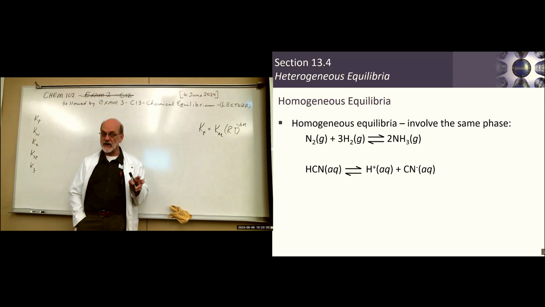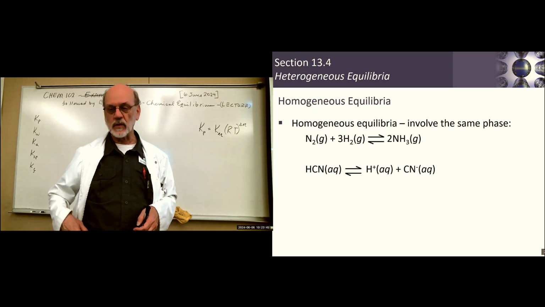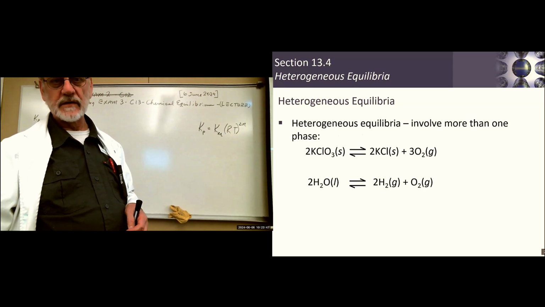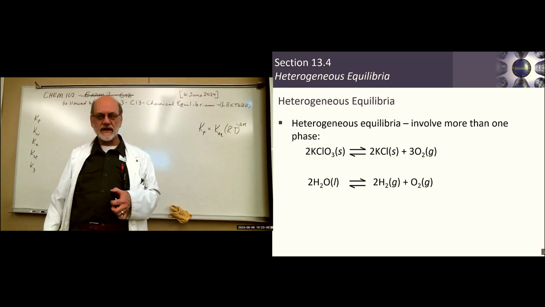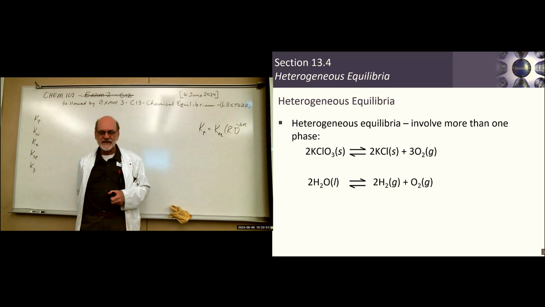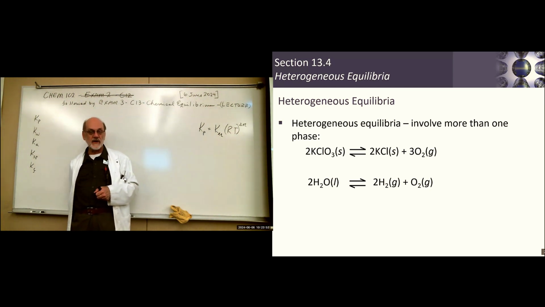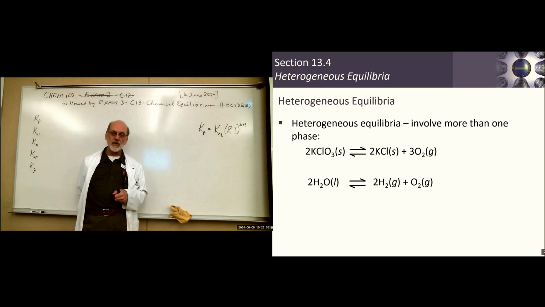For the Haber-Bosch process, they're all gases. For that dissociation of hydrocyanic acid, they're all aqueous. That's a homogeneous equilibrium. So obviously heterogeneous means you've got different phases. So the decomposition of potassium chlorate gives you potassium chloride. Those two are solid, but they produce oxygen gas.